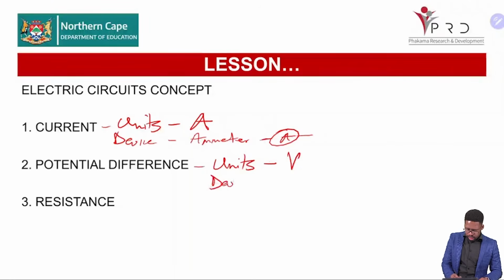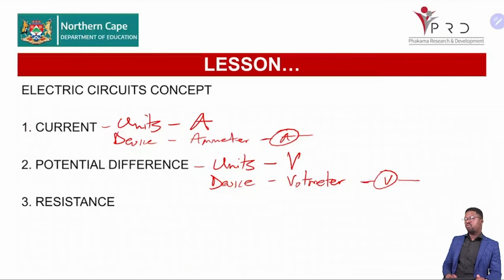Now let's look at the device that we use to measure potential difference. The name of the device is called a voltmeter, and we see it by the symbol V. So when you see V in the circuit diagram, you will know this is where we read the voltage.